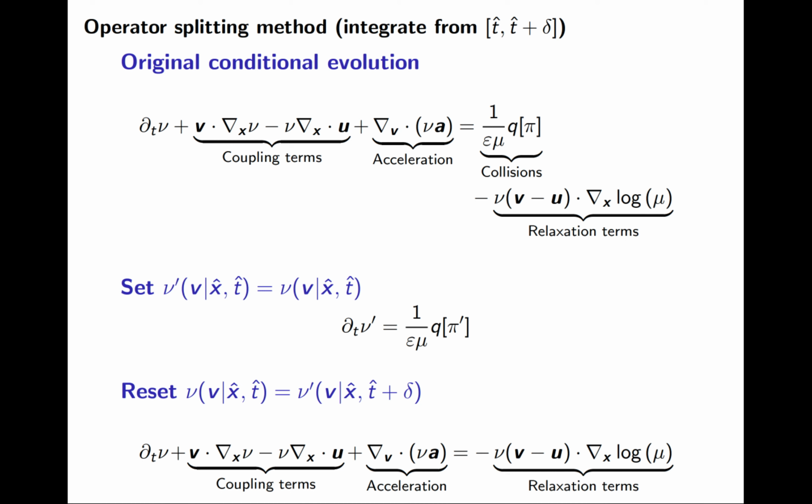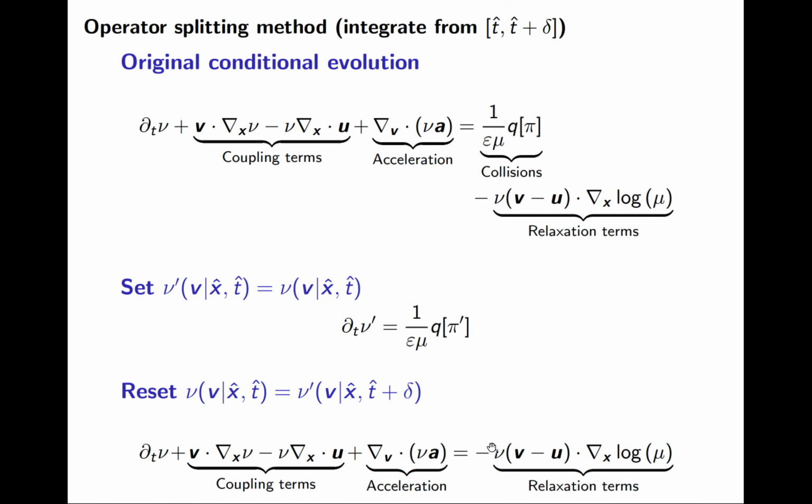And then once we've done this first pass through this integration over this small time window, we'll reset the initial conditions for nu to be equal to the final conditions at the end of the small time window of nu prime. And then we're going to integrate again, but this time we're not going to use the collision operator.